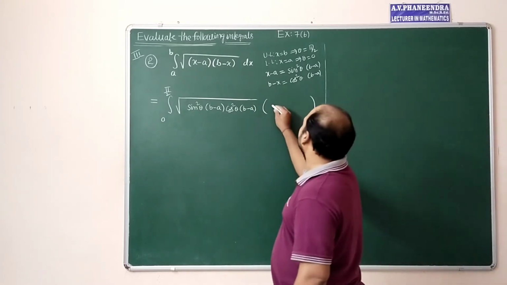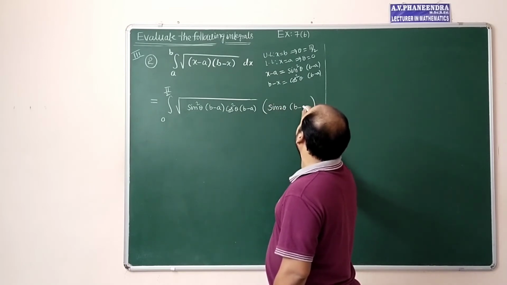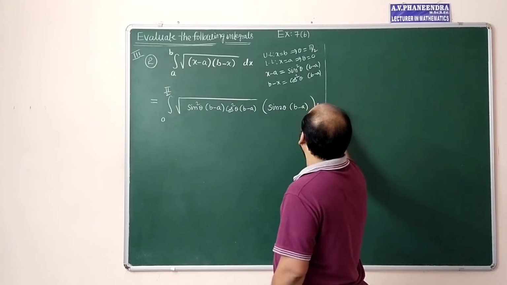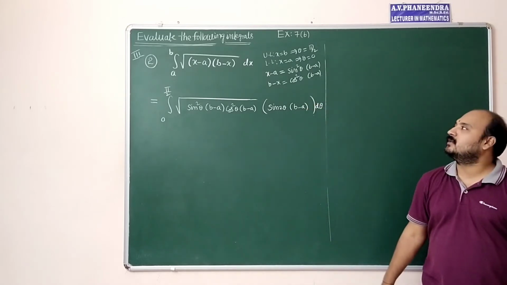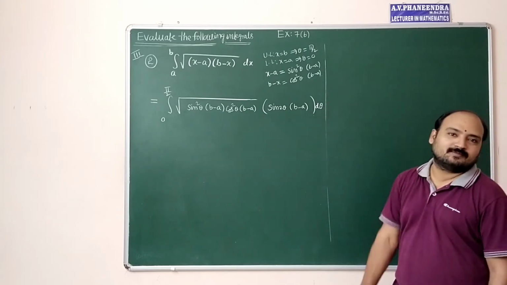Dx value is sin 2θ into (b minus a) into dθ. This is the information.